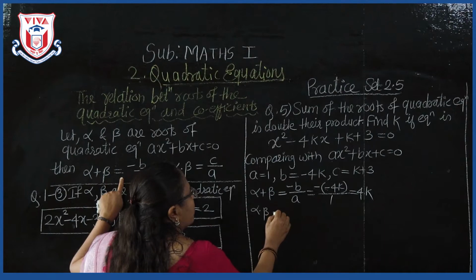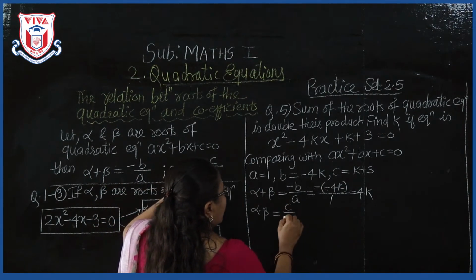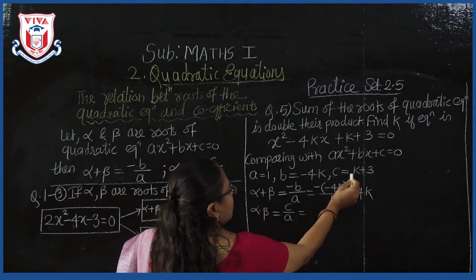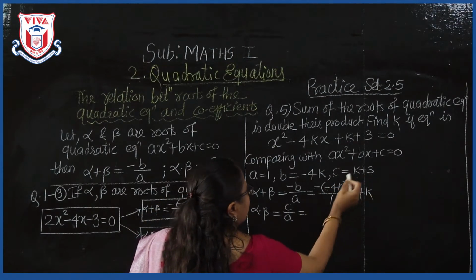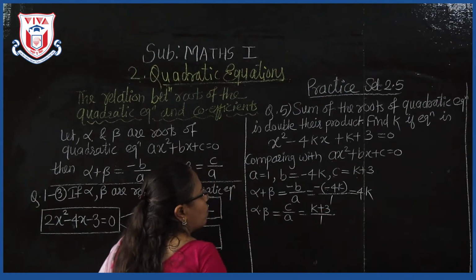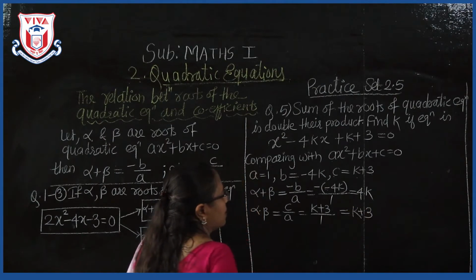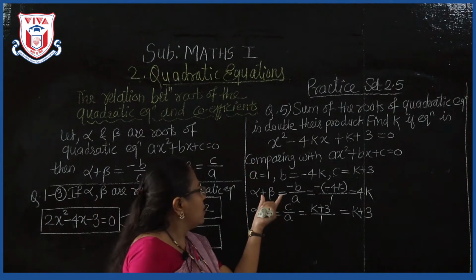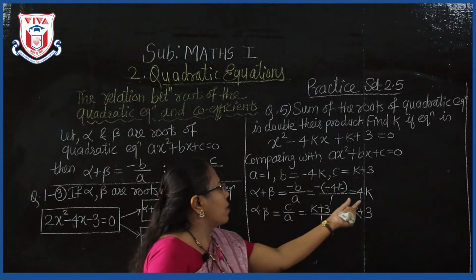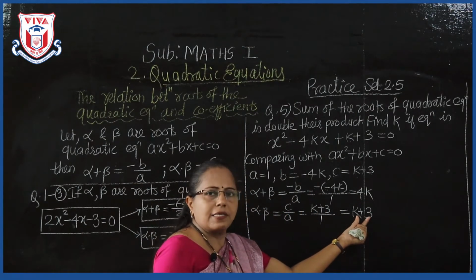Then alpha into beta. The alpha into beta formula is C upon A. C equal to k plus 3 upon A equal to 1. So we got the value k plus 3. Okay students? So here alpha plus beta we got 4k and alpha into beta we got k plus 3.